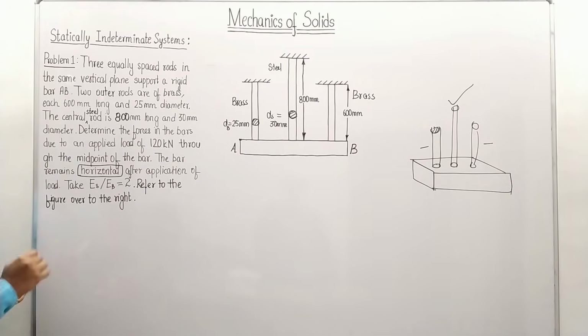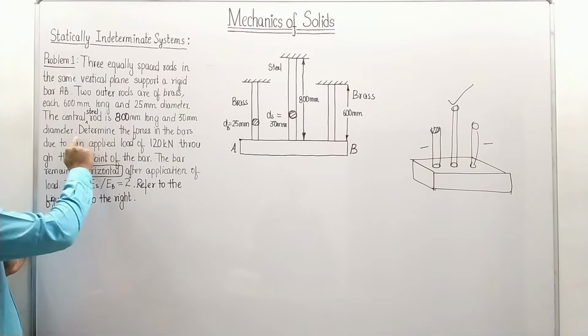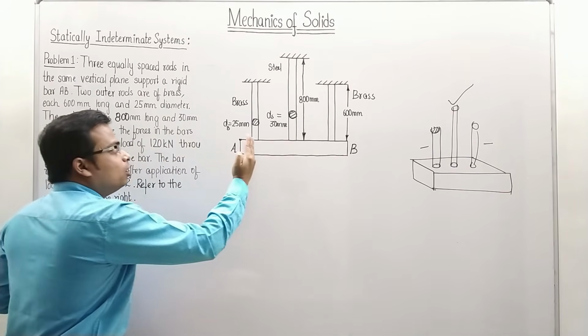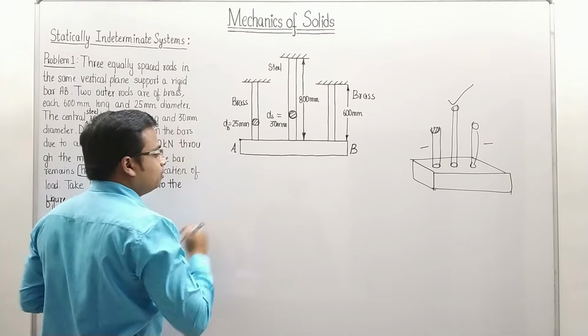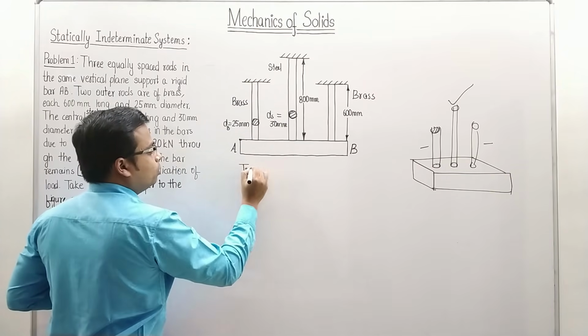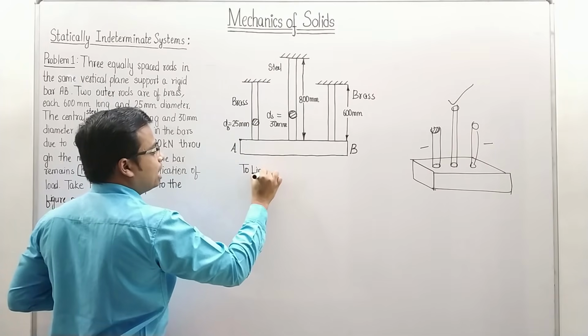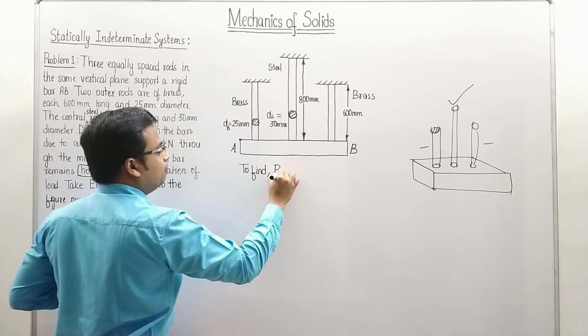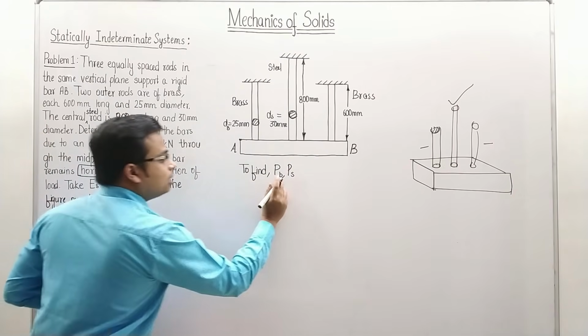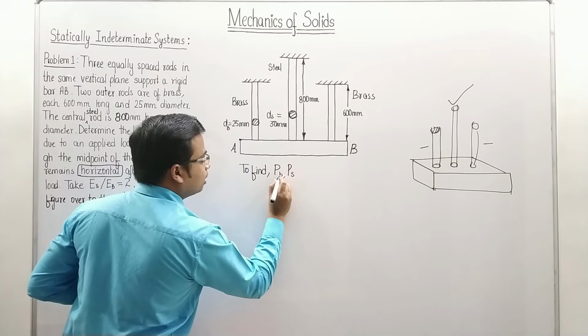Now, what are we supposed to do? Look, we have to determine the forces in the bars. So the force acting along this rod is, let's say, PB, and acting along this rod is PS. What we are supposed to find is the force acting along brass, PB, and also along steel, that is PS. So these are the 2 unknown values which you need to work out.